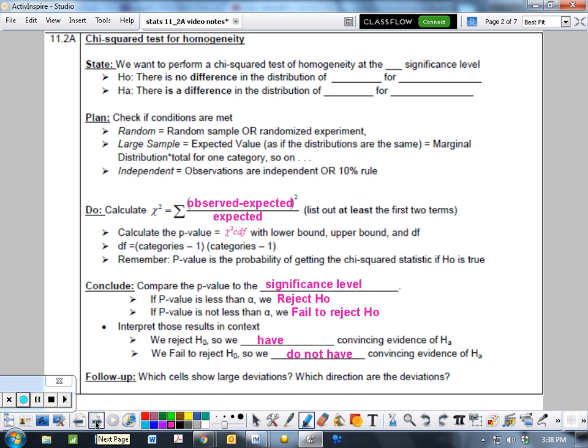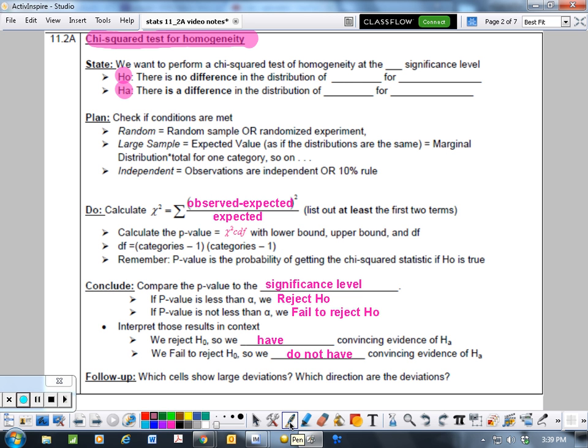Okay, so again, the chi-squared test for homogeneity. We start off by saying we want to perform a chi-squared test of homogeneity, and we put in our significance level. Our null and alternative hypotheses are really nice for these tests. The null is there is no difference in the distribution of favorite colors for gender. Our alternative is there is a difference in the distribution of favorite colors for gender.